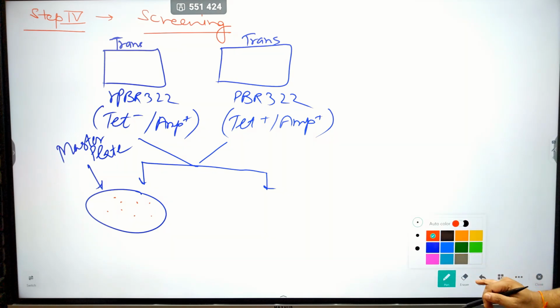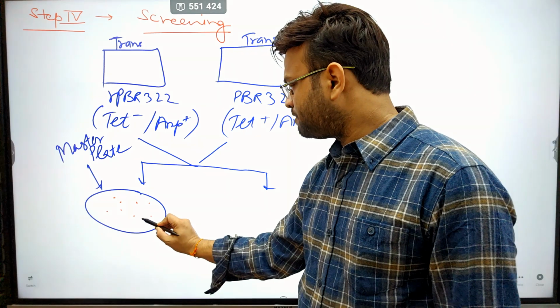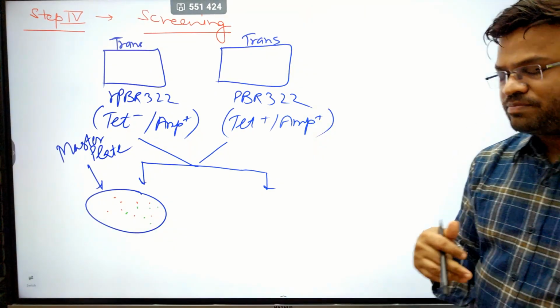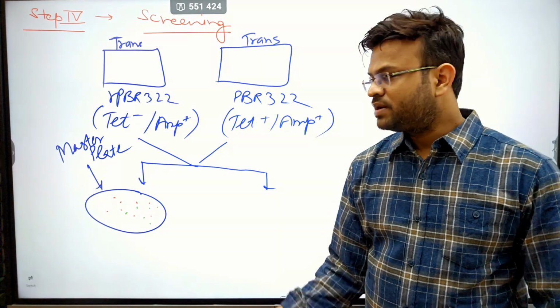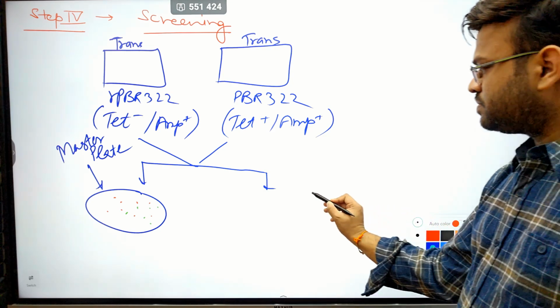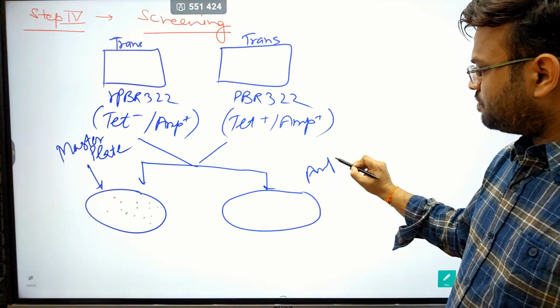But let me just draw it in a different color. All the different types of bacteria will be starting to grow over here. But in the next plate, let us say that I used ampicillin.